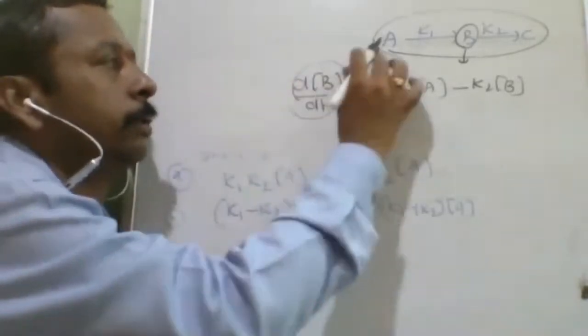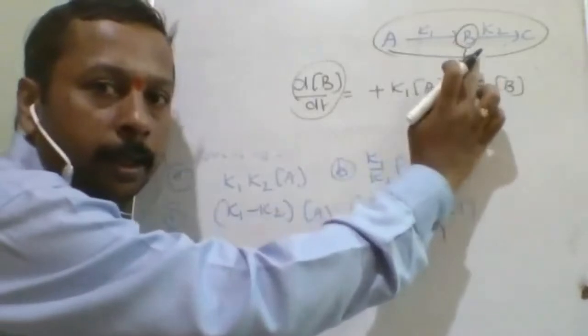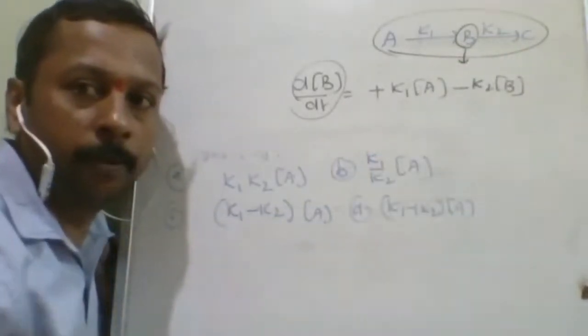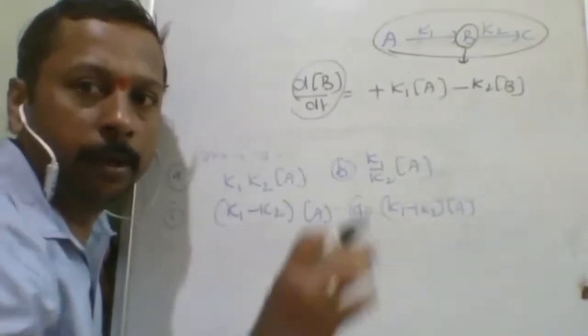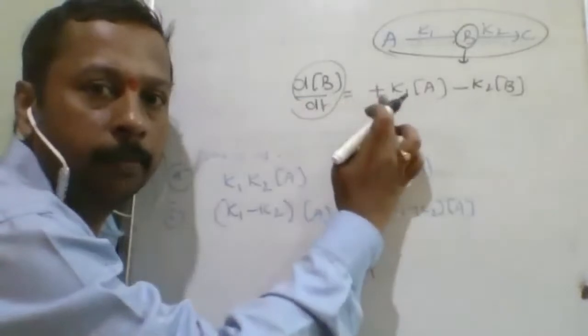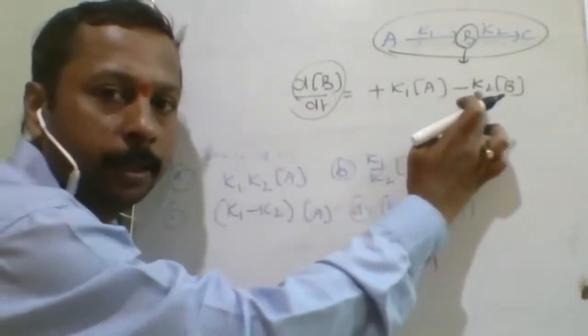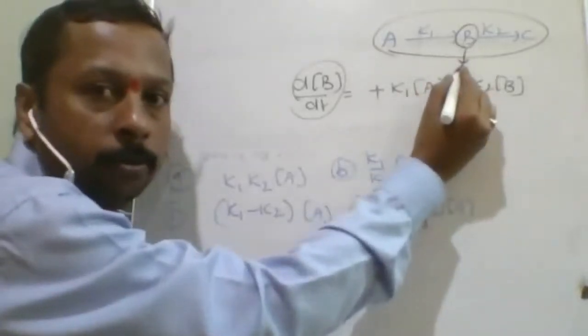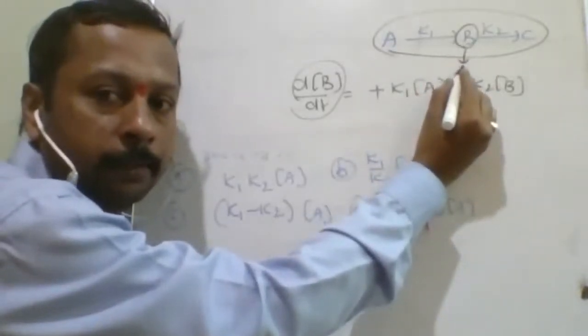That means if 10 moles are formed here, at the same time 10 moles are immediately converted to C. So according to this equation, dB by dt is equal to plus K1 into A minus K2 into B.